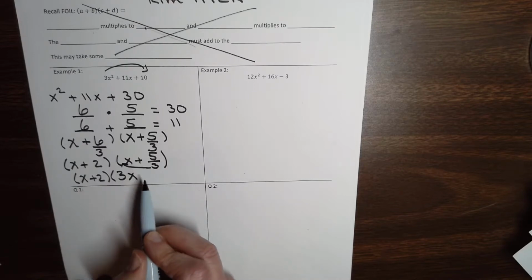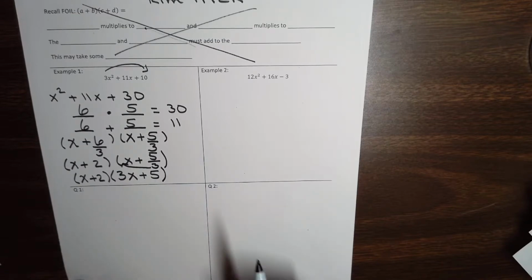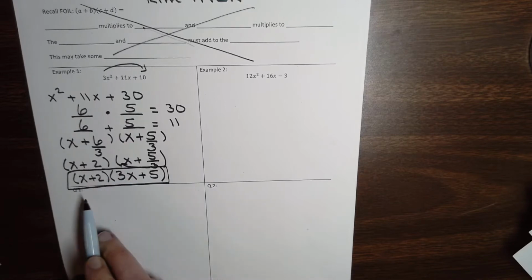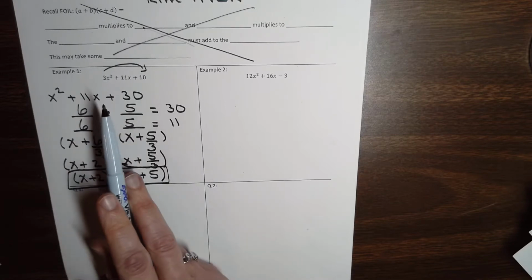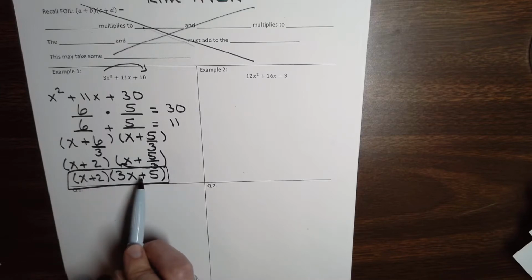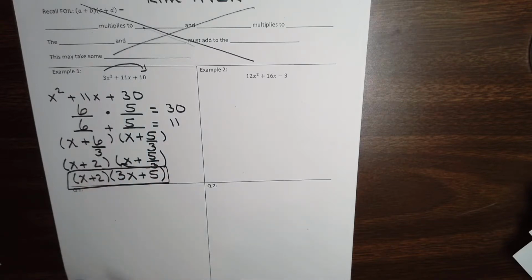That would be 3x, and then the numerator stays there. And that would be your second factor. These are the factors for this trinomial. You can FOIL it, just to make sure that is a true statement, and you should get back your original trinomial.